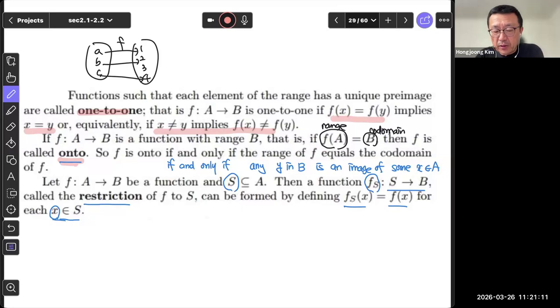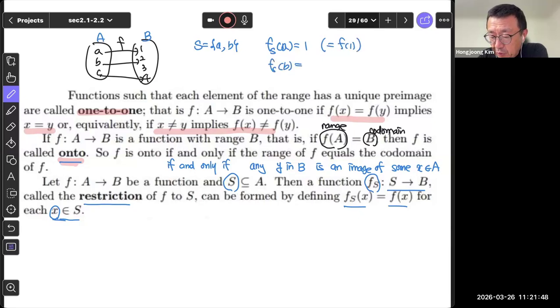So for example, if this example is considered, let me consider this f. When I restrict to a subset S of A, say the set of a and b, then this restriction f sub S will map a to 1, which is f of 1, and b is mapped to 2, which is the image of 2 under f.